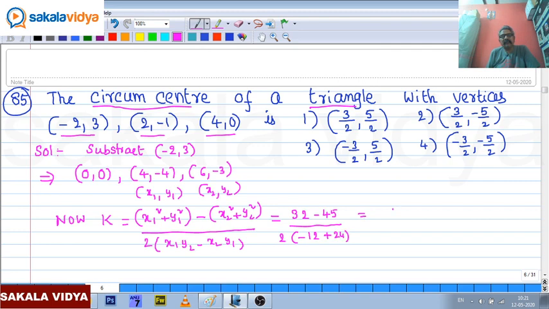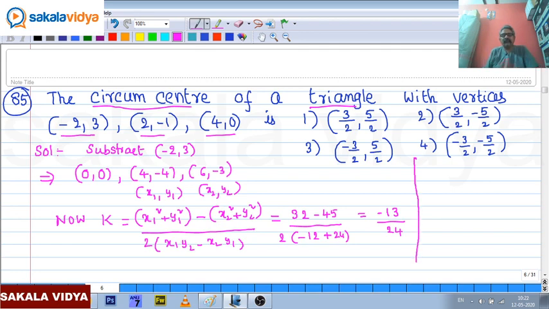This will be 3, 13, minus 13 upon this will be 24. Minus 13 by 24. Am I correct now?